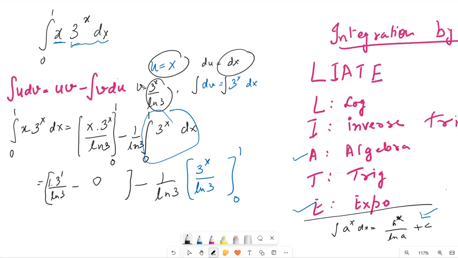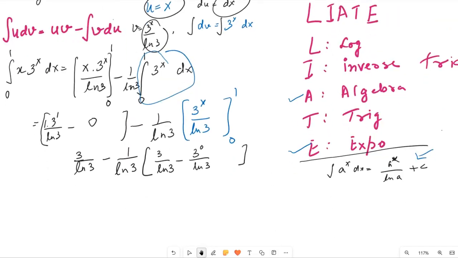Okay. So from the first one, I'm just getting 3 by natural log of 3 minus 1 by natural log of 3. Now because of the definite integral, I need to put limits in. When I put 1, 3 to the power 1 is just 3 by natural log of 3. Minus, when I put 0, 3 to the power 0 by natural log of 3.